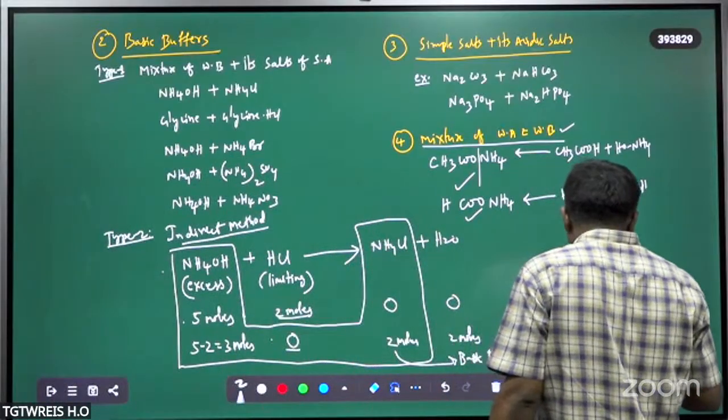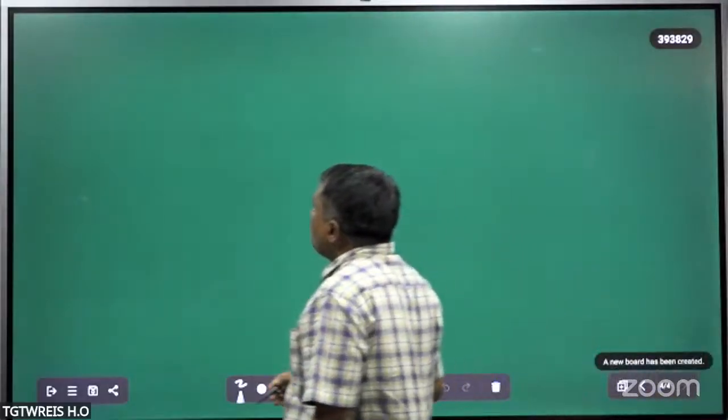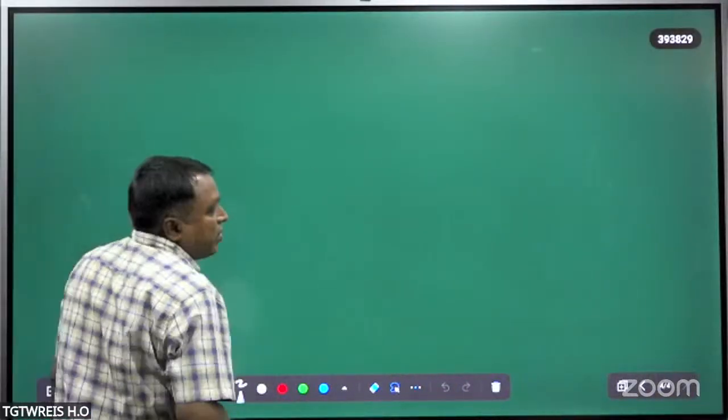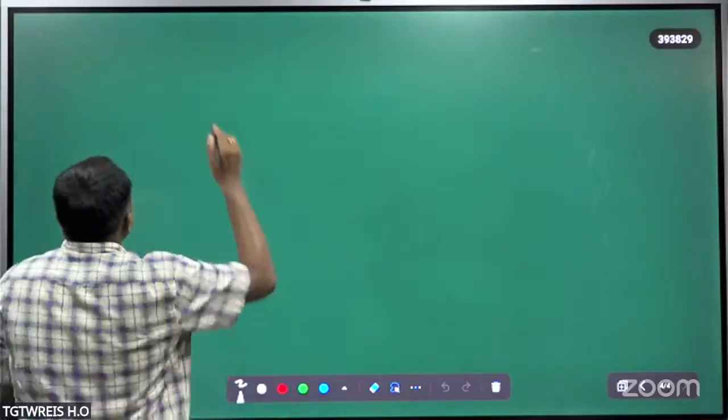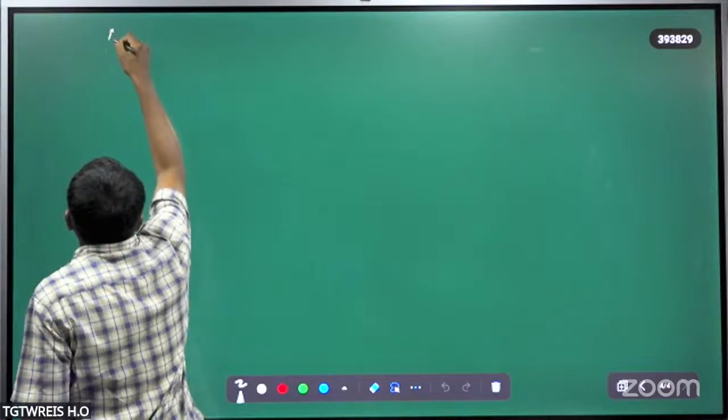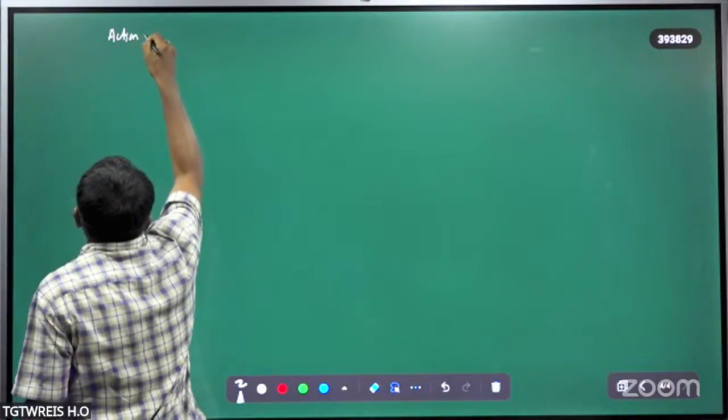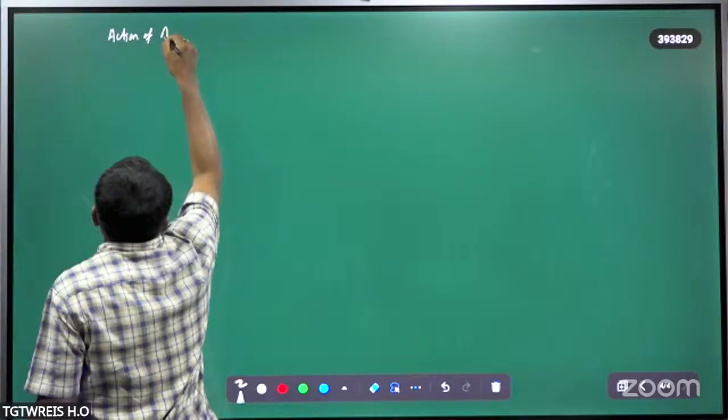Before we go into that, first, how do these buffers resist the pH change? That means the action of acidic buffers.